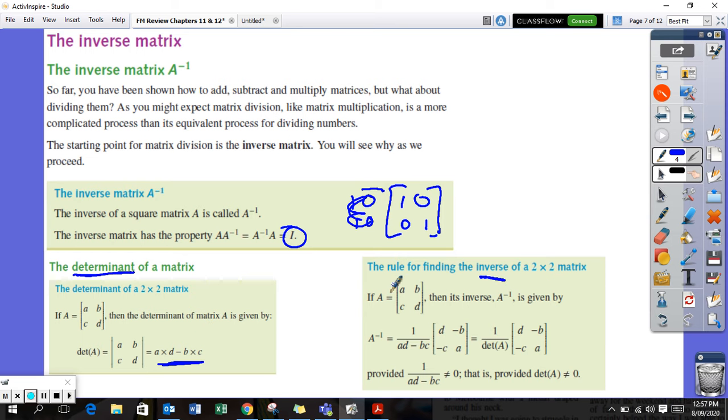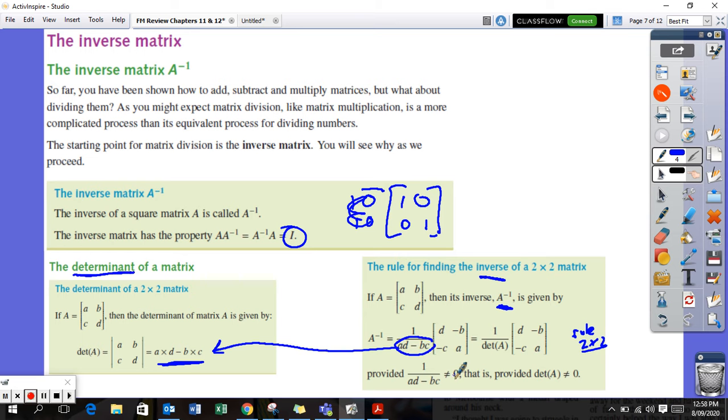So if A is A, B, C, D, then its inverse A to the minus 1 is 1 over the determinant, times the matrix where we switch the A and the D and change the signs on the B and the C. So it's 1 over the determinant of A, D, negative B, negative C, A. That rule always applies for a 2 by 2 inverse.